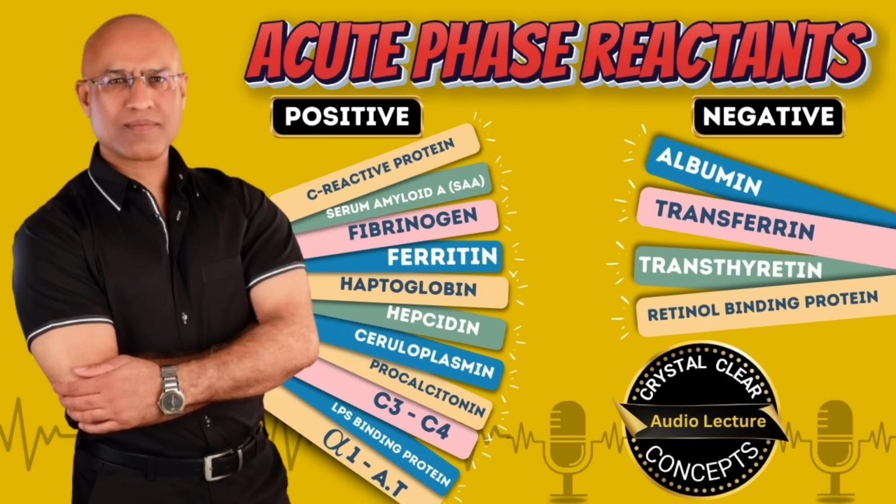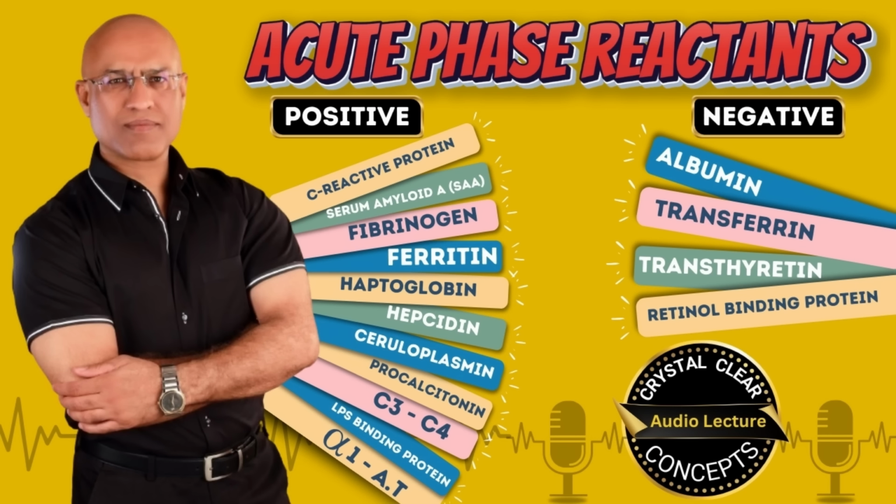Once it binds on the pathogen or injured cell, it can activate the classical complement pathway, which is activated by C1q. This is one function of the C-reactive protein. It was directly an opsonin, facilitating the phagocytosis.